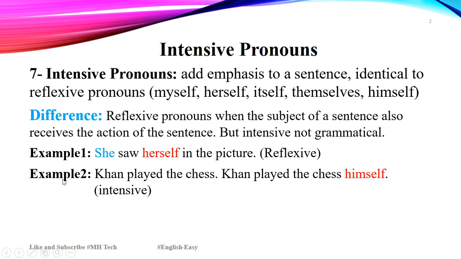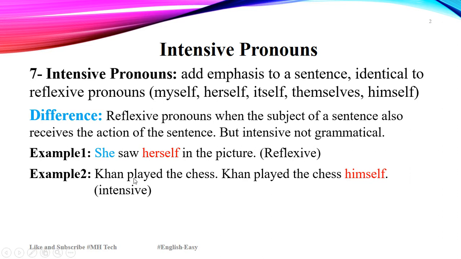And example 2, we have: Khan played the chess. So it is complete and does not need any additional information here. Just if we say Khan played the chess himself, it just emphasizes. It's an intensive example here, used as an intensive.